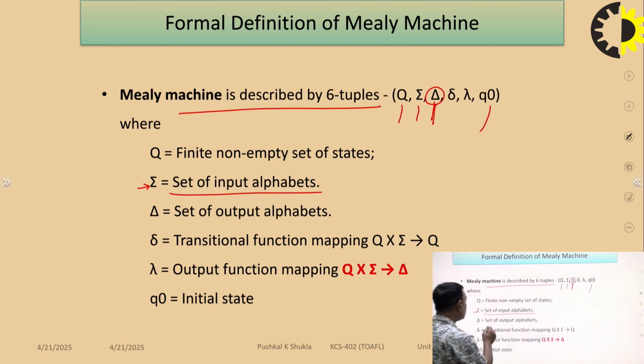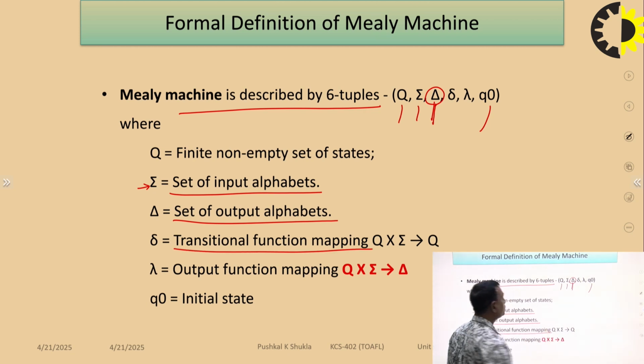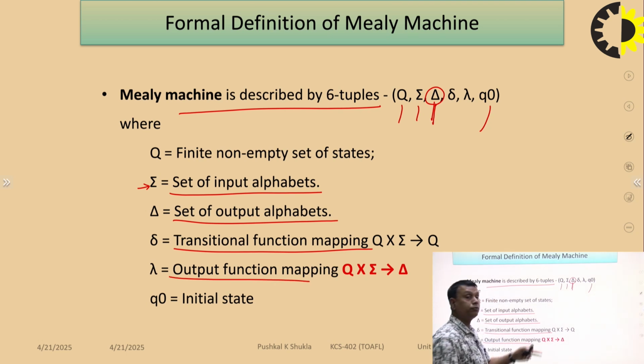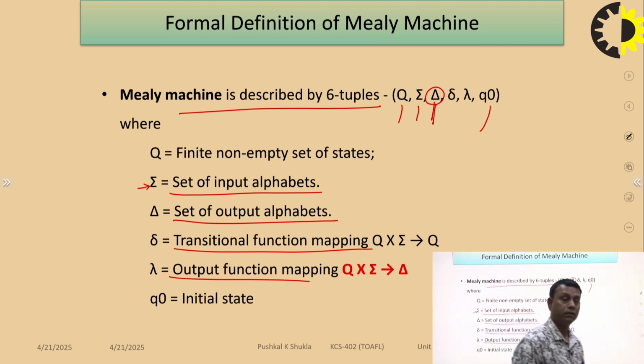This is the set of output alphabets. Delta is the transition function mapping from Q cross sigma to Q. Lambda is the output function mapping from Q cross sigma to the output alphabet. And Q naught is the initial state.